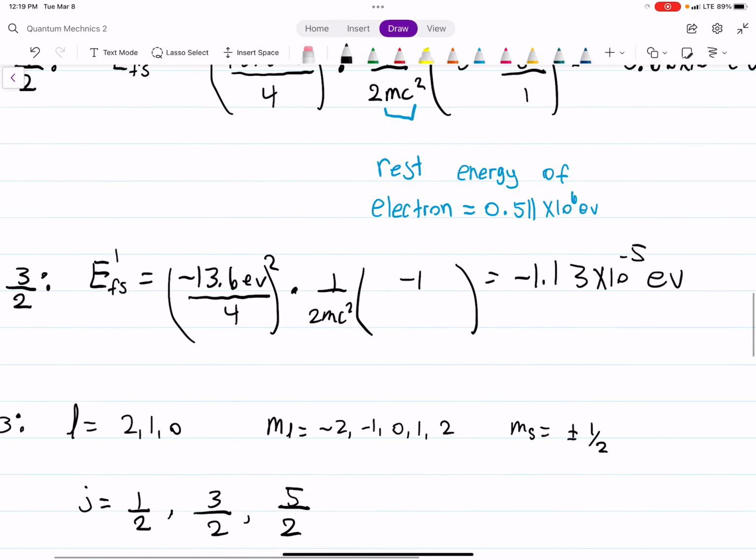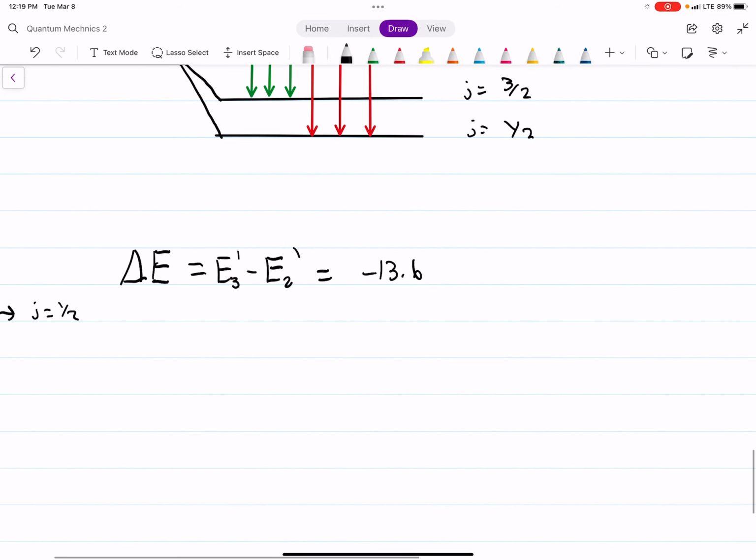Maybe it'll make more sense if I label it like this. Fine structure, 3 to 2. Maybe my notation's a little messy, but hopefully it makes sense what I'm doing. Over n squared, well, n is 3, so that's 9. This is squared, times 1 over 2 mc squared.